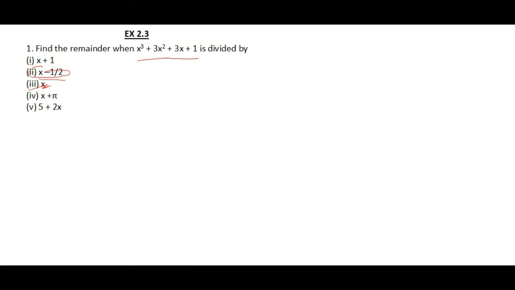Now take the fourth example. In the fourth example, g of x is equal to x plus pi. From here, I will get a equal to minus pi. So what will be the remainder? The remainder will be equal to f of minus pi.